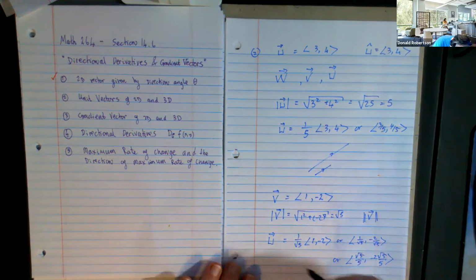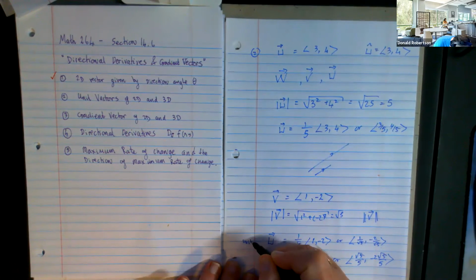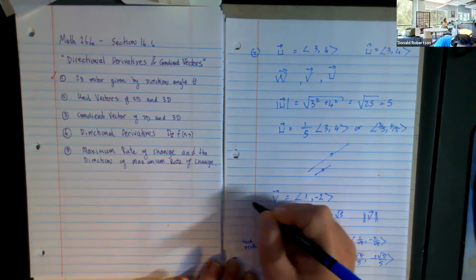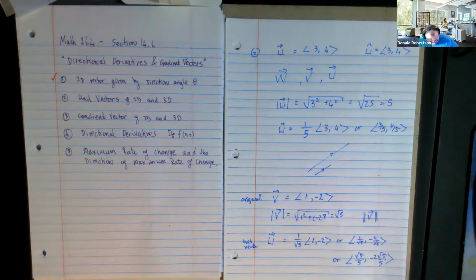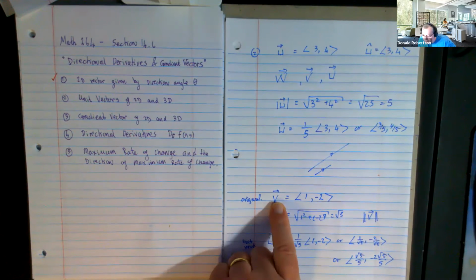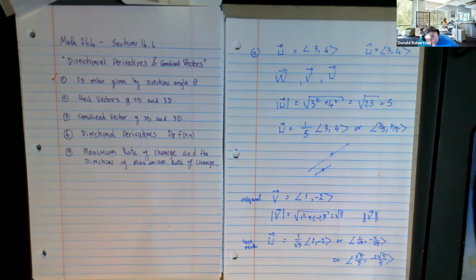U is going to represent the unit vector, and V is going to represent the original. That's why I said up there, I wish I hadn't picked U. The original vector can be V or W or whatever it is, but anytime I write the vector U down, the implication is that it's a unit vector. And that's what we're going for. So it's still the correct answer. This is the unit vector.